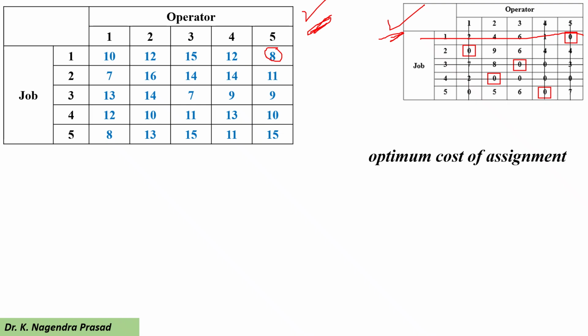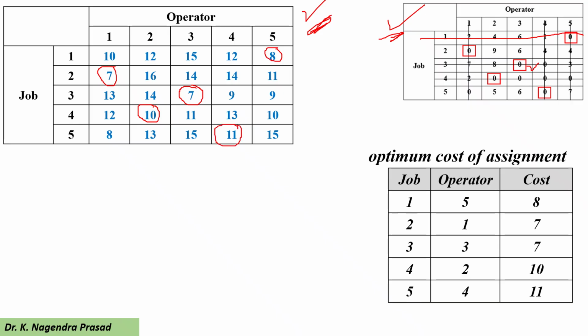Similarly, the second job is assigned to the first operator and the cost is 7. The third job is assigned to the third operator, and the cost is 7. The fourth job is assigned to the second operator and the cost is 10. The fifth job is assigned to the fourth operator and the cost is 11.